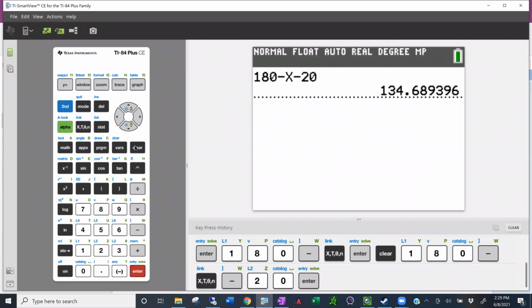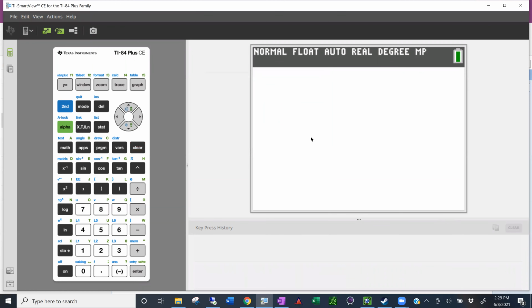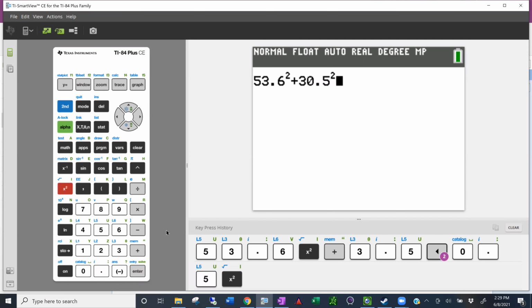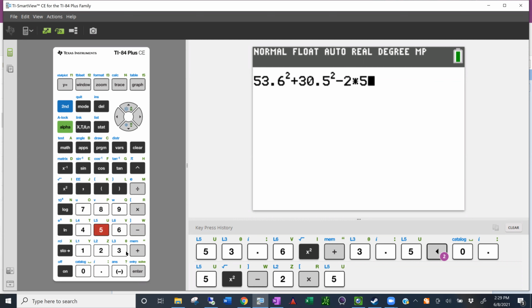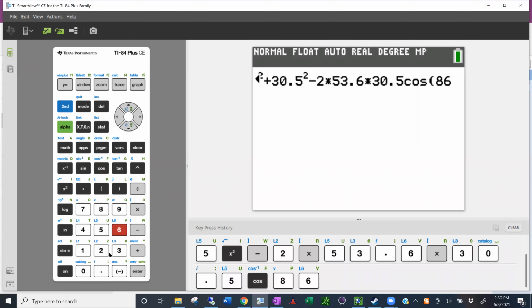So let's go here and I'll clear out all this old stuff. I want 53.6 squared, so I'll hit the squared key, plus 30.5, it might help if I typed in the 30.5, hit the square key, minus 2 times B, 53.6, times 30.5, times cosine of 86.3.